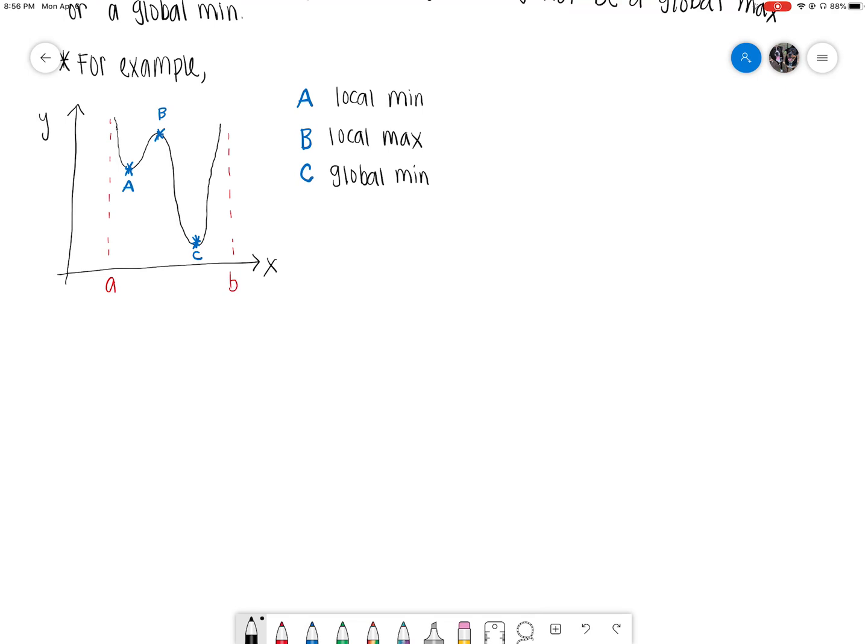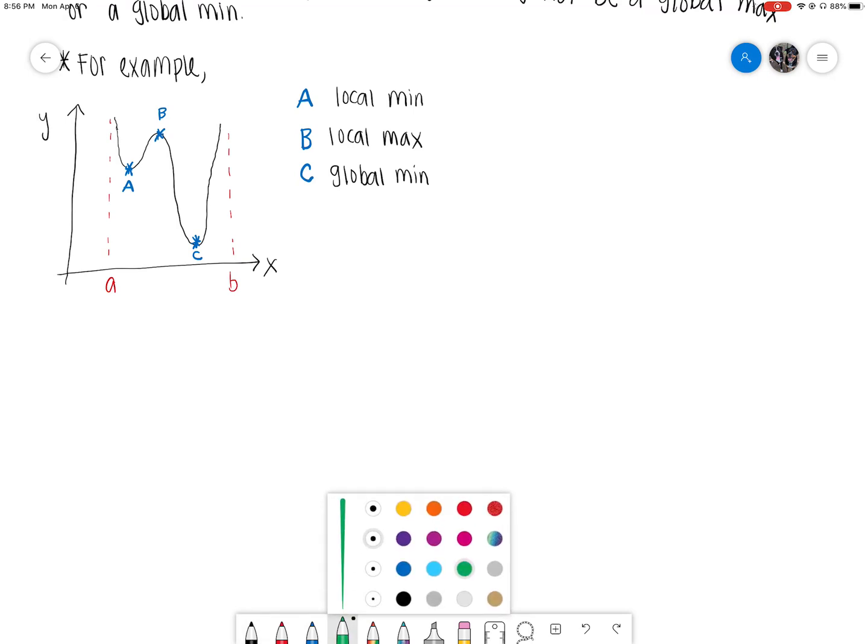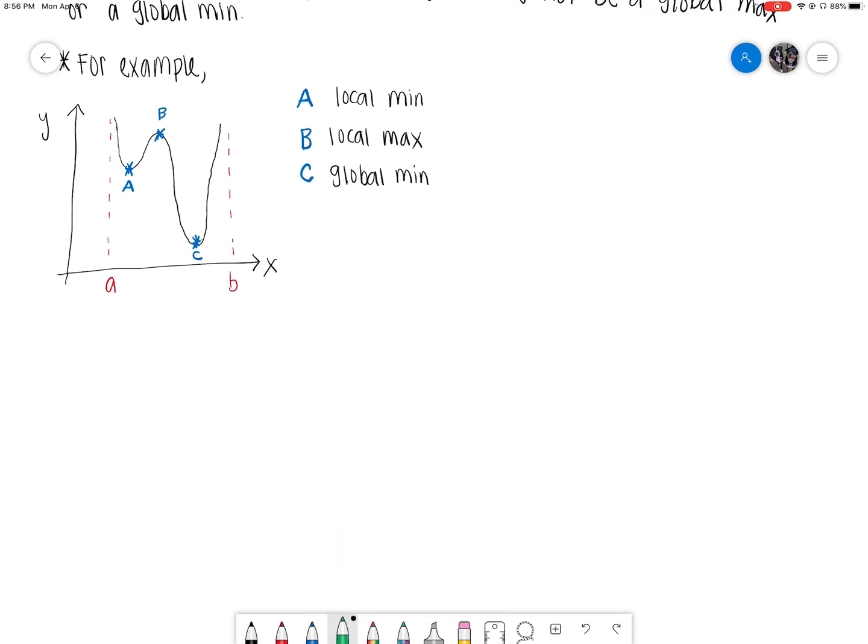Well, if we follow the function, as you get closer and closer to B, it keeps increasing, and it would do this infinitely. We never actually reach B because the endpoints aren't included, but we can keep getting infinitely closer to B, which means our function will keep getting larger. So we have a global min at C, but we have no global max.